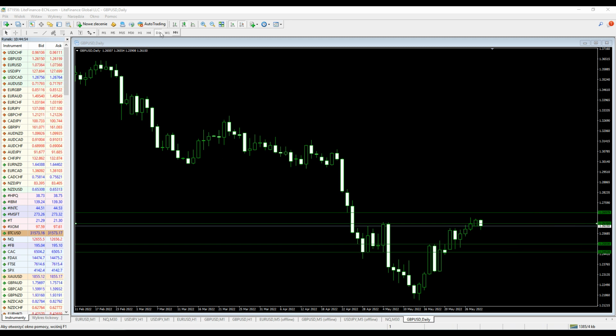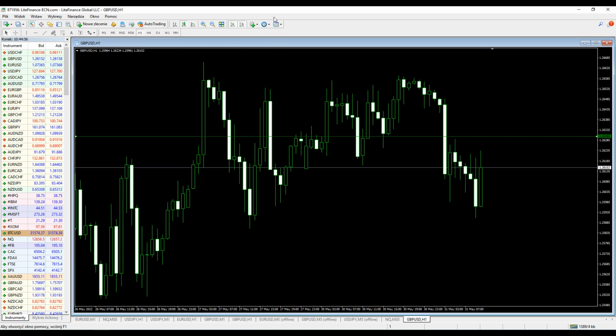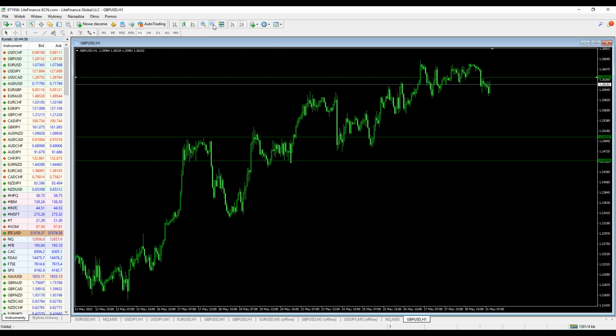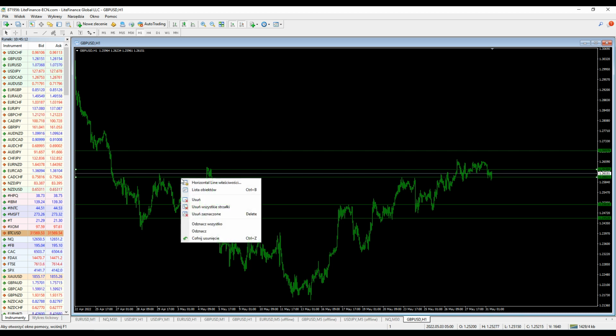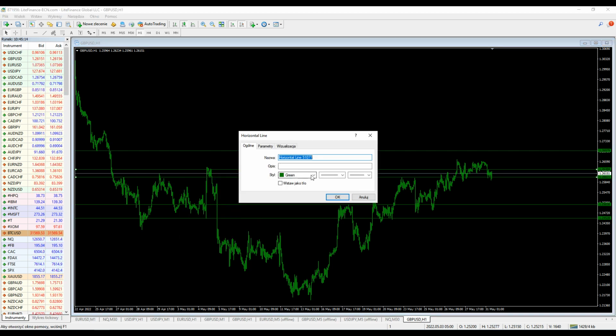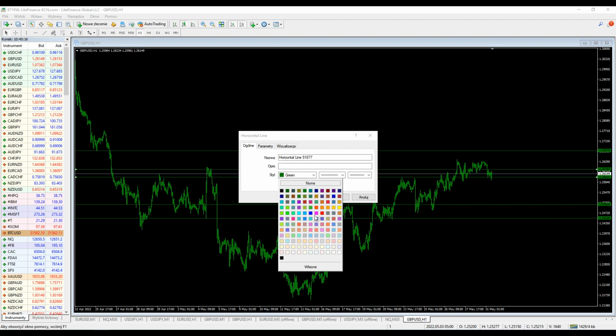Let's have a look at what we have on the hourly, meaning that we are going to look for some important intraday levels. All right, there you go. The point number one, as you know me already, I don't like extremes.